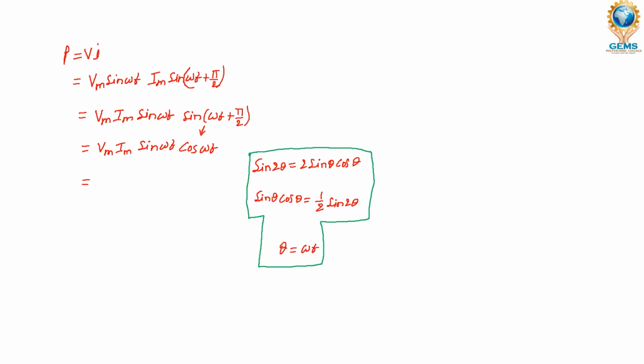So in place of sin omega t cos omega t we can write 1 by 2 sin 2 omega t. So Vm Im into 1 by 2 sin 2 omega t, that we can write as Vm Im by 2 sin 2 omega t. This is the power formula.